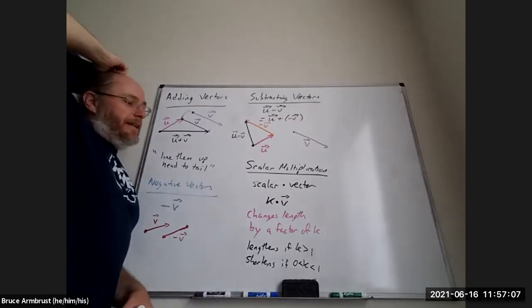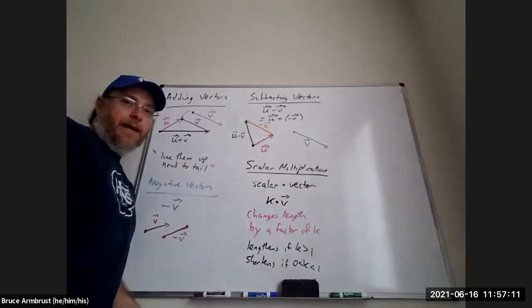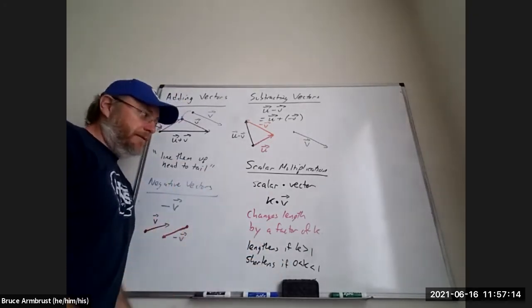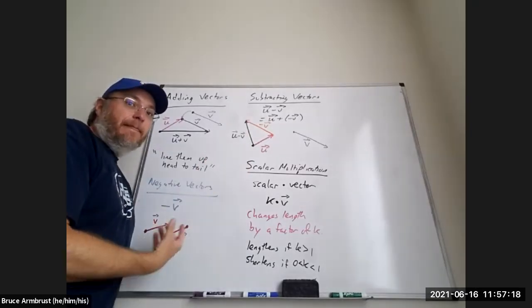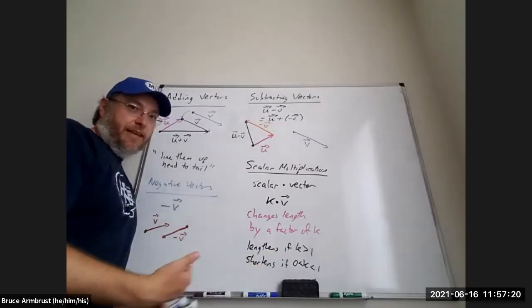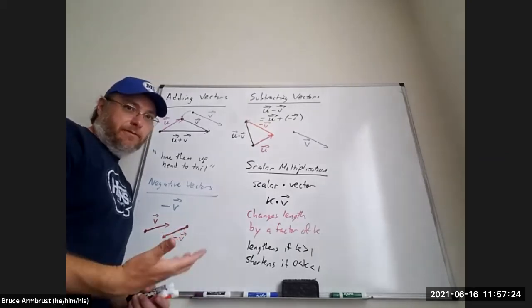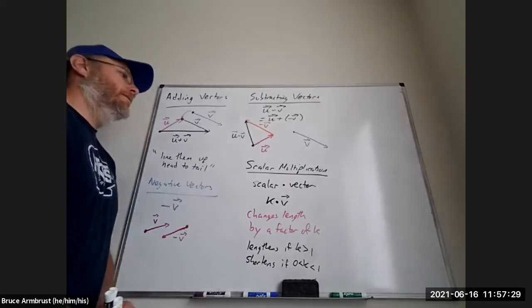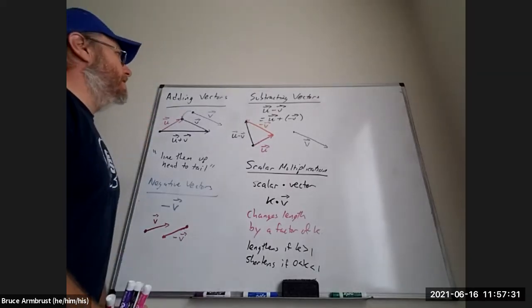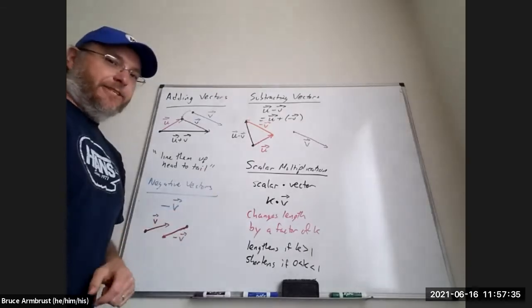Now, you notice that I didn't allow this to be negative. If we multiply by a negative, it does 2 things. It changes the direction, which is what the negative does, and it can also change its length, again depending upon whether that number is greater than 1 or less than 1. So that's scalar multiplication.